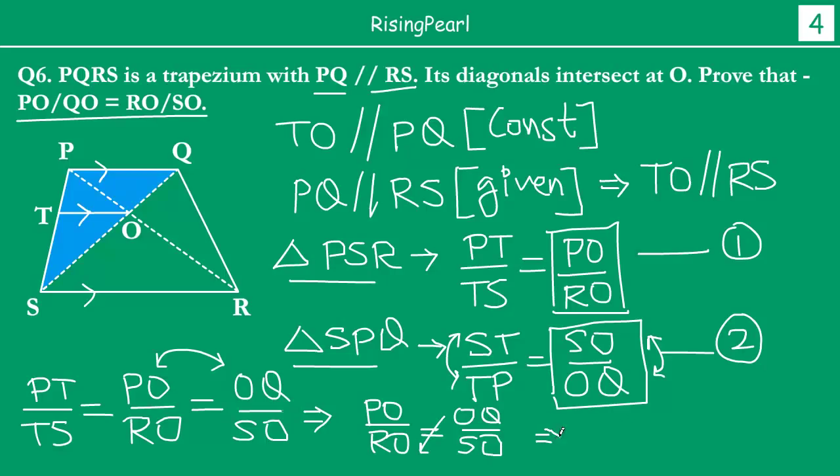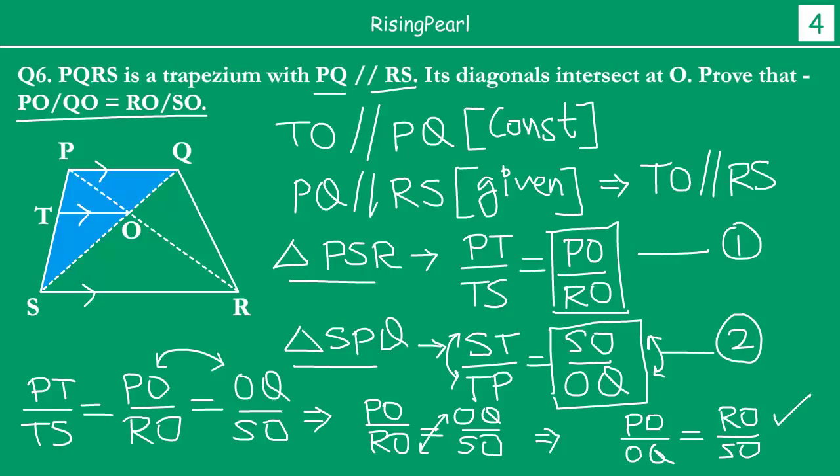This basically implies PO by OQ is equal to RO by SO, if you bring this down and take RO over here. PO by QO is equal to RO by SO. This is exactly what we have to prove, and we have proved it.